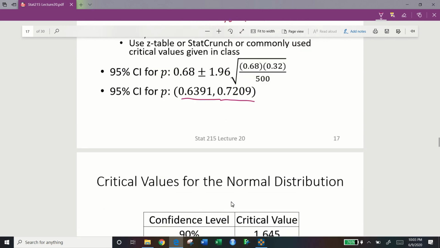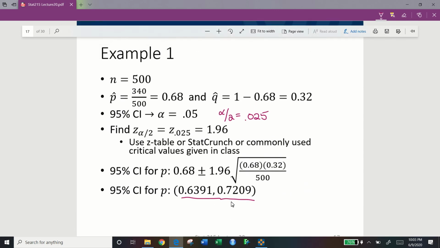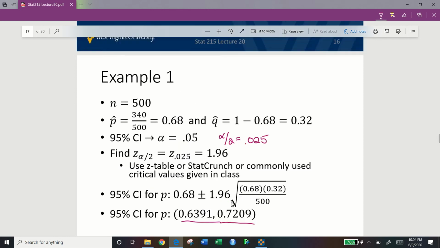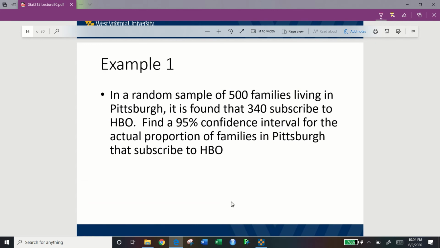All right, before we move on to the next slide, I do want to highlight a couple things. So first off, I didn't check that assumption about having n p-hat and n q-hat greater than or equal to 5. This is one of those assumptions that you don't always necessarily need to work out by hand. A lot of times it's just a very logical thing. If we scroll back up to our problem, it says it is found that 340 subscribe to HBO out of the 500.